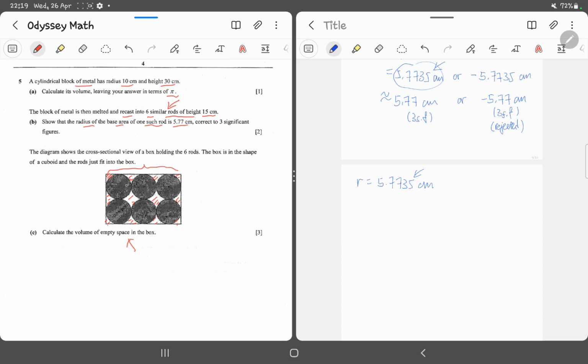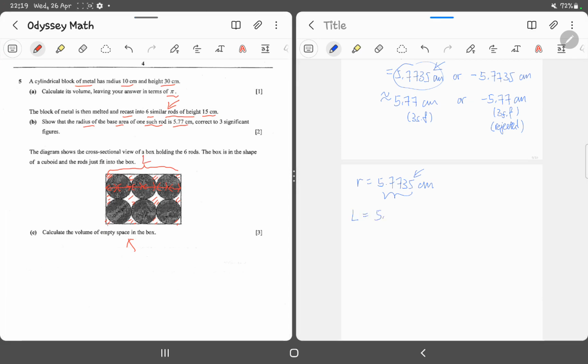We know that the radius here is 5.7735 cm, correct? So we can derive the length using the radius. This is the radius, this is the radius, this is also the radius, this one as well. You can see that there are 6 of them, 6 of the radius. So that would be my length.